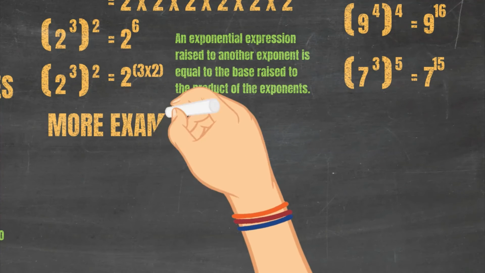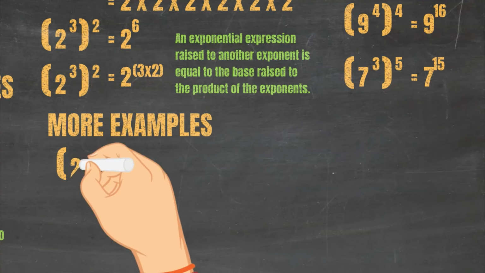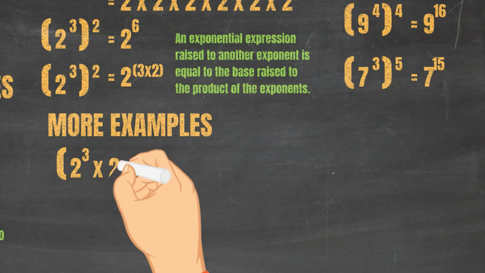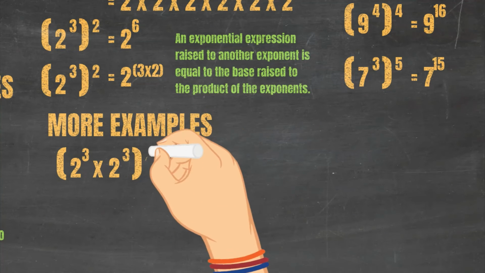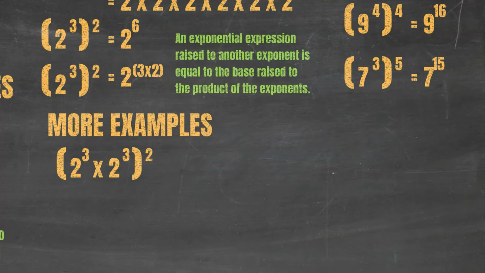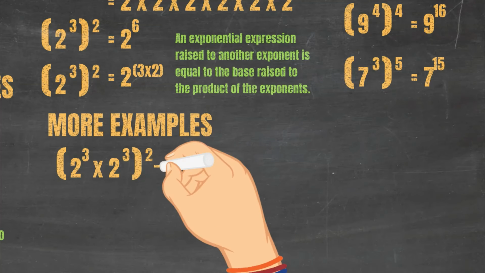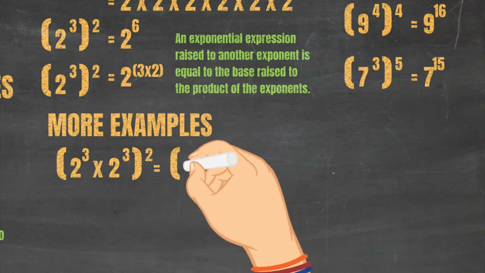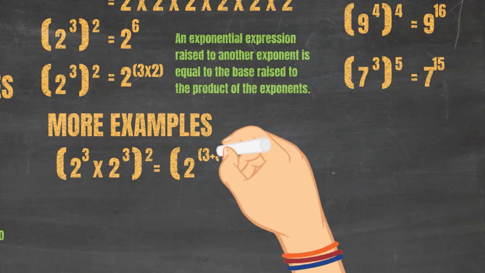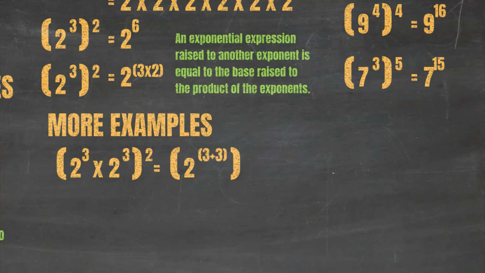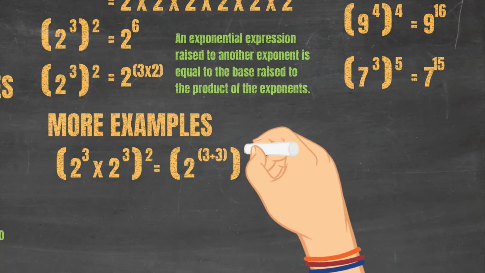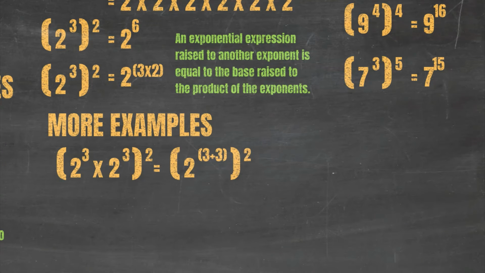More examples. The quantity of 2 cubed times 2 cubed squared. In this example, let us perform the operation in the parentheses first. 2 cubed times 2 cubed equals 2 to the power of 3 plus 3. The outermost exponent is just then copied over. 3 plus 3 equals 6.